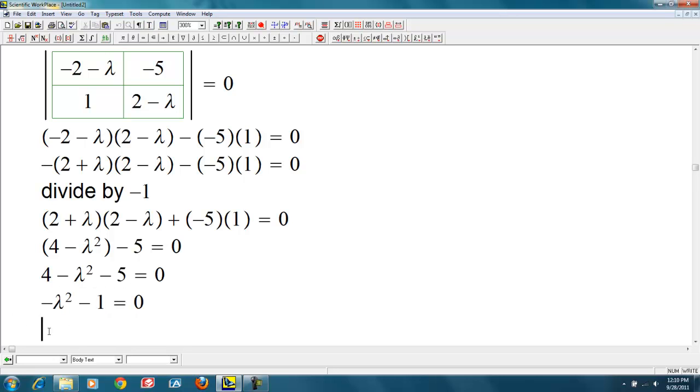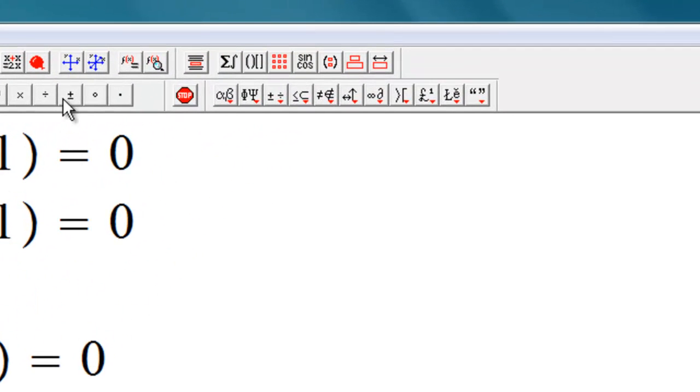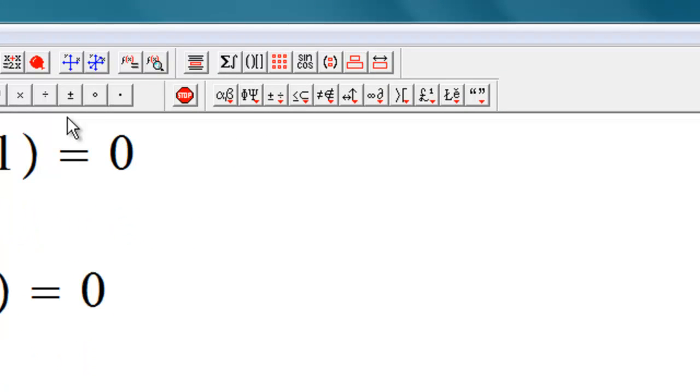So what happens is lambda will be plus or minus i, right? Are we good? So those are your eigenvalues.